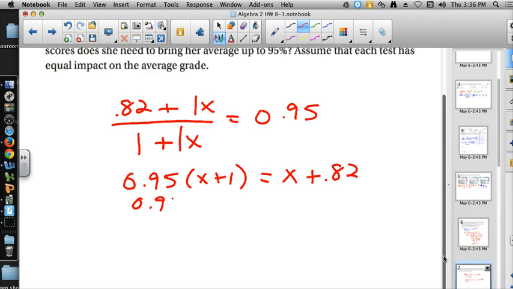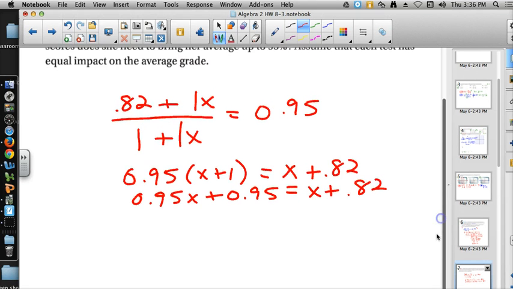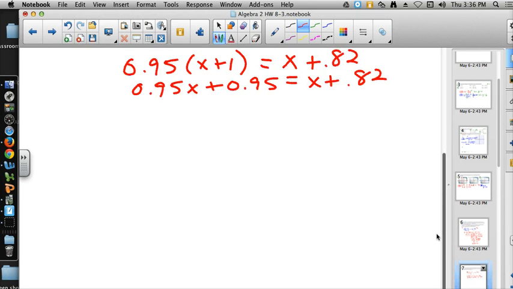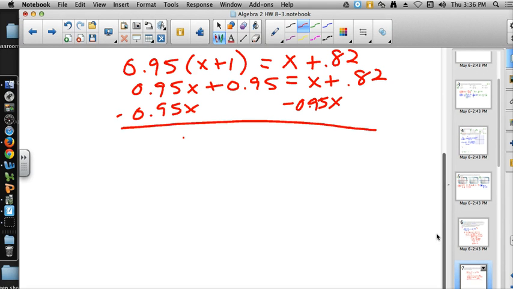So 0.95x plus 0.95 when we distribute the 0.95 through the parentheses. And then we would go ahead and move our x values over, so subtract 95 cents x. 0.95 equals, well, $1 minus 95 cents would be a nickel. And then we'd subtract the 0.82.